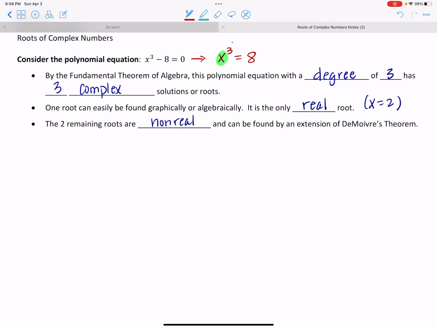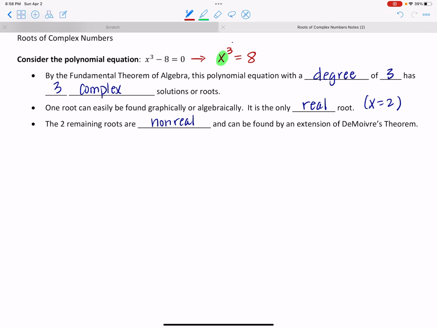Okay, if I can cube 3 complex numbers to get 8, then I can rewrite that again using our polar form of a complex number. So again, we're saying x cubed, oh, I don't need to write this, I wrote this up there. If I have 3 different numbers I can cube to make 8, and again, those are going to be complex numbers.